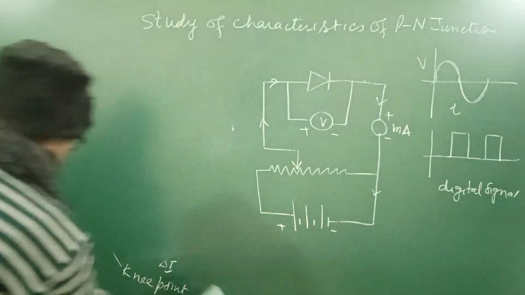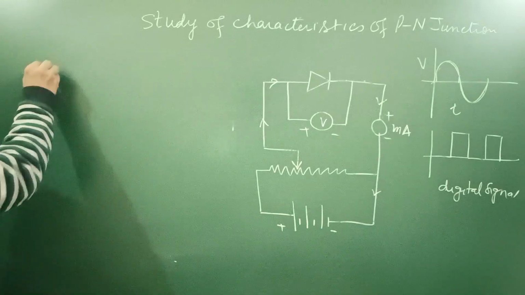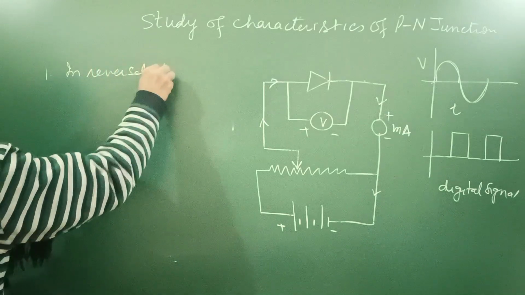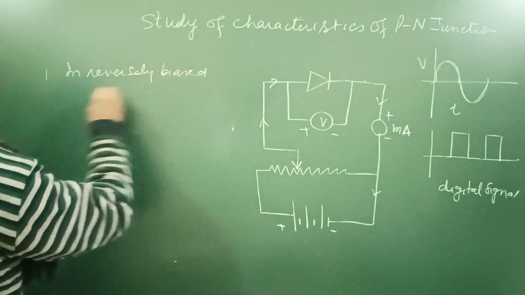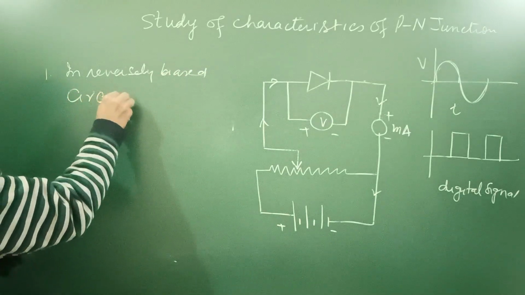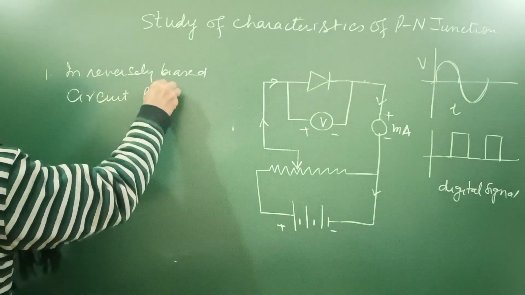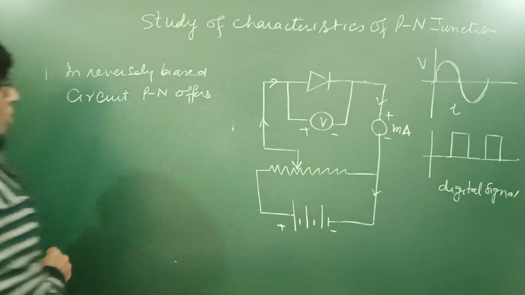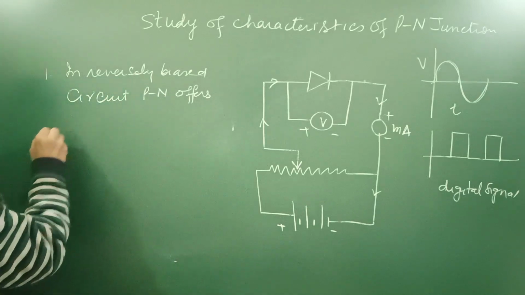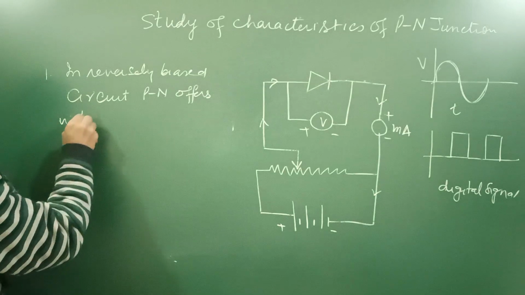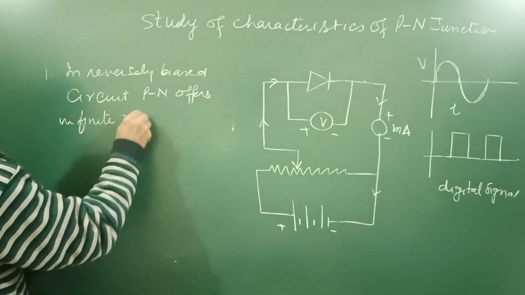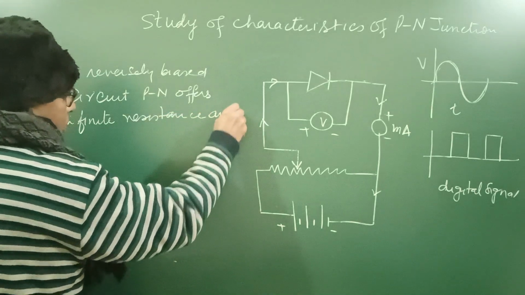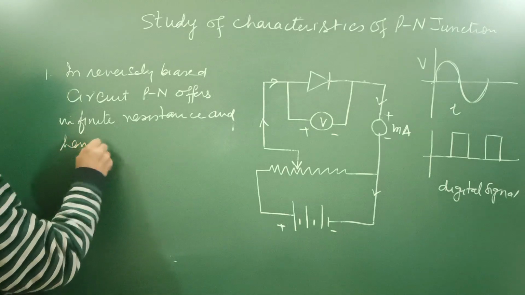Main characteristics, number 1: in a reversely biased circuit, the PN junction offers infinite resistance and hence current is 0.